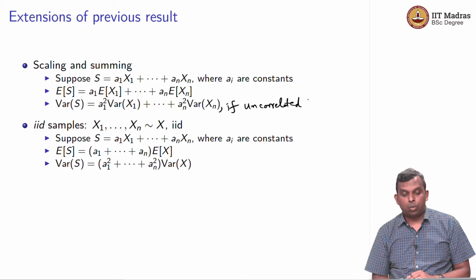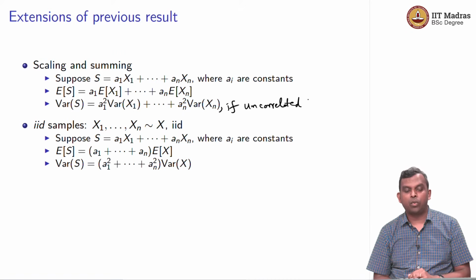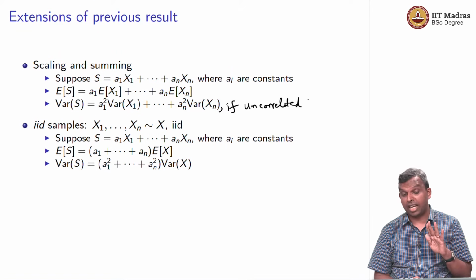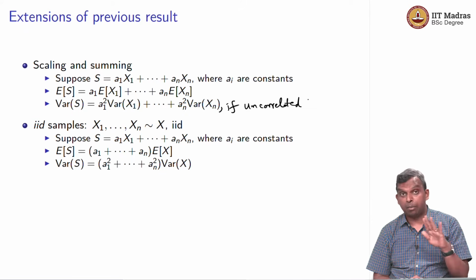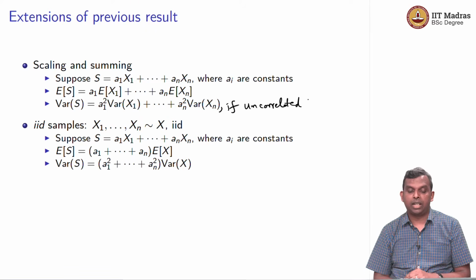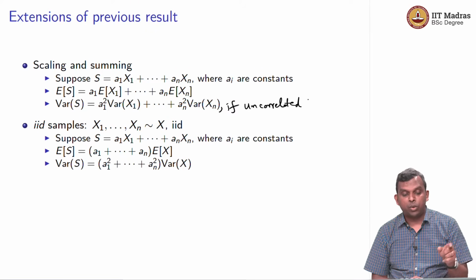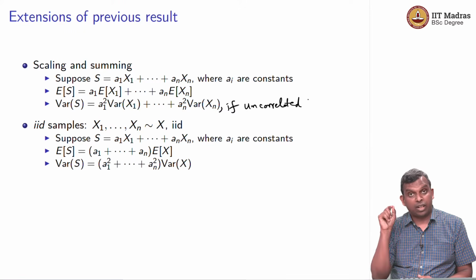Now let's push it a little bit more. This is a general result, and now we're going to look at IID samples. So X1 to Xn are distributed like X, and they are independent. Identical and independent. Now if I take a linear combination a1X1 plus up to anXn and take the expected value, what do I know about the expected value of X1 through Xn?